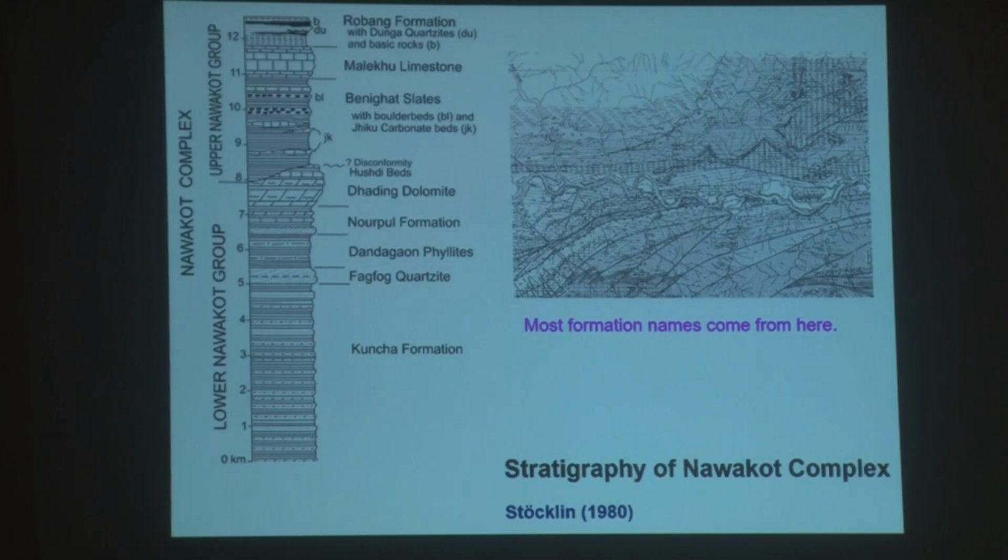Next, please. Here, for example, we see his generalized column, and all these names, Fagfog, Nourpul, Dhading, come from this part of the Trishuli River and Malekhu. In this small part, they worked out the stratigraphy and gave these names from the type locality. So this is very important, that they observed and measured these things, and compared them with other parts. Next one.